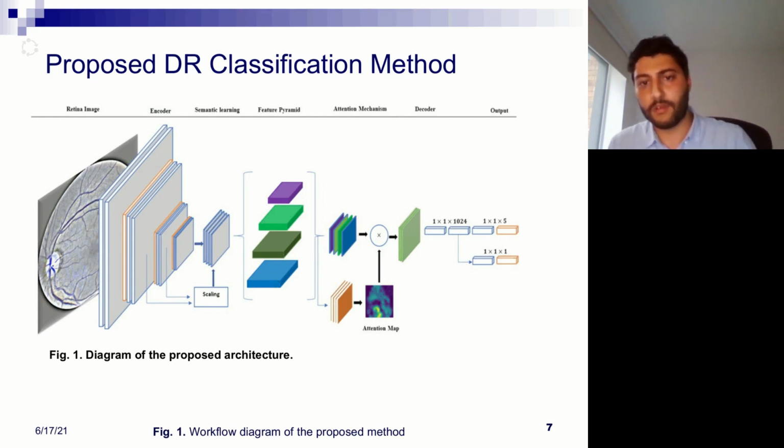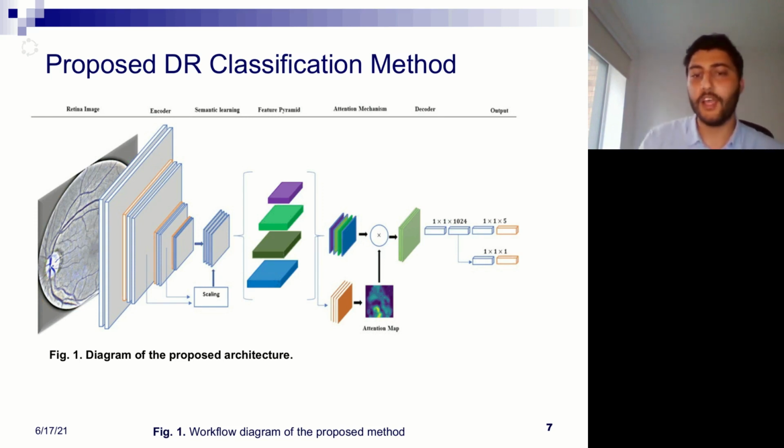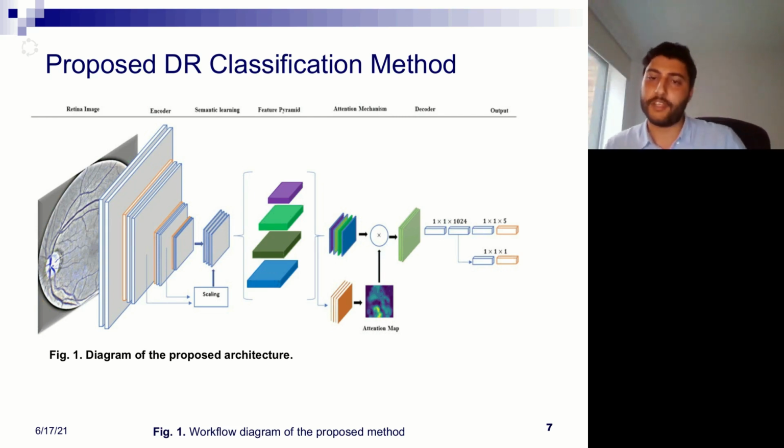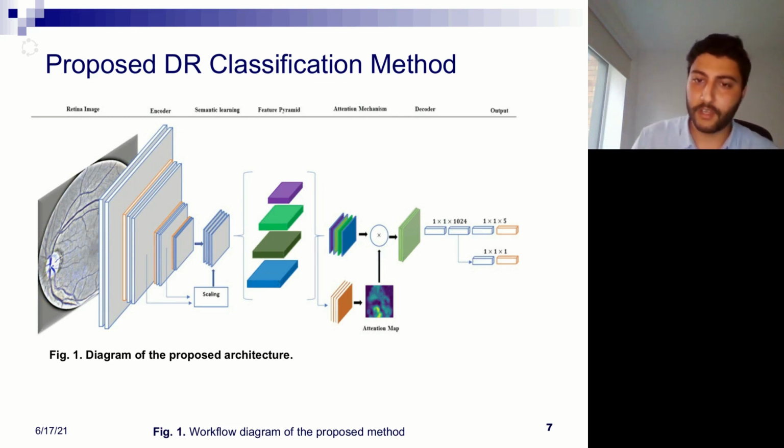In our model, we have used ResNet as an encoder. It generates, as you can see here, low level, mid level, and high level representations. Many of the research works and also the baseline models just connect the high level representation with the dense layer, or the fully connected layer, to generate the final output.